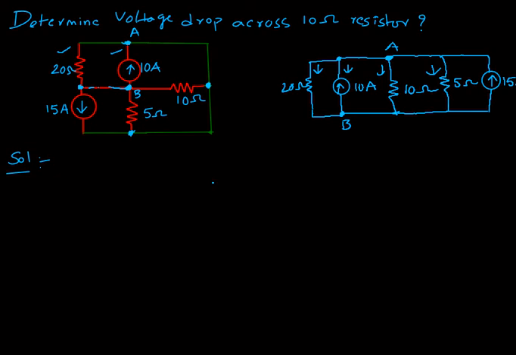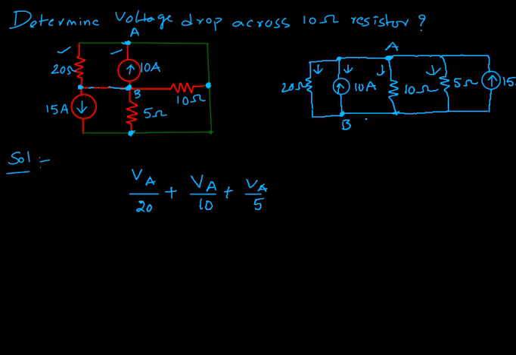If we do a nodal analysis, we can write it in this way. Suppose we consider VA as the voltage. Then the currents will be VA by 20 plus VA by 10 plus VA by 5.